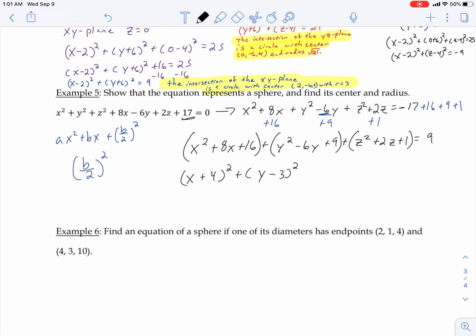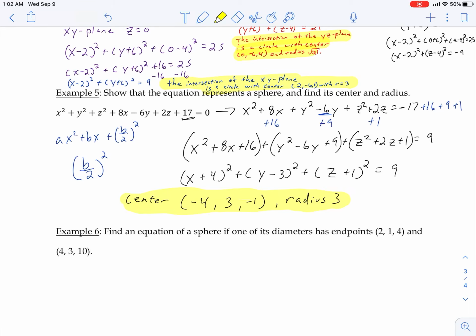And then I can factor the z, which is going to be z plus 1 squared. And that's going to equal 9. So now I can find the center and radius. So my center is going to be negative 4, 3, negative 1, and my radius is going to be 3. And that's it. And so there again is my solution. So I'll highlight that so you know where to find the solution when you're looking at the notes.